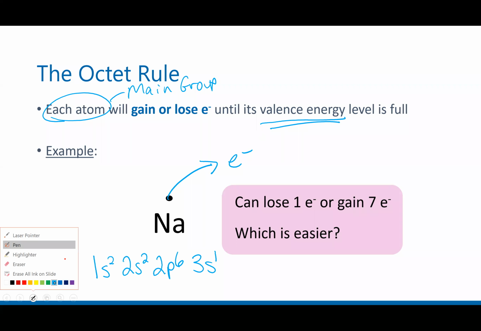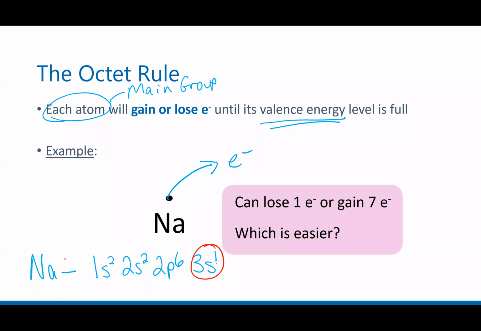But what's happening is this 3s electron is leaving. So you might say, how does this satisfy the octet rule? Well, if we go back 1 energy level, it has 2 and 6. 2 plus 6 is 8. It's a little hard to visualize, but that's what's happening.